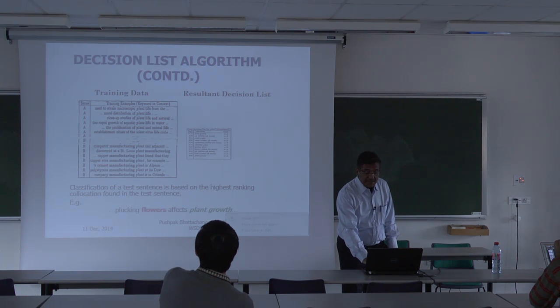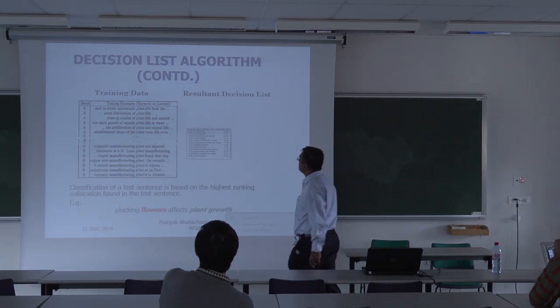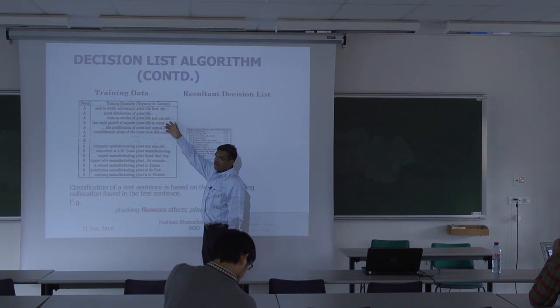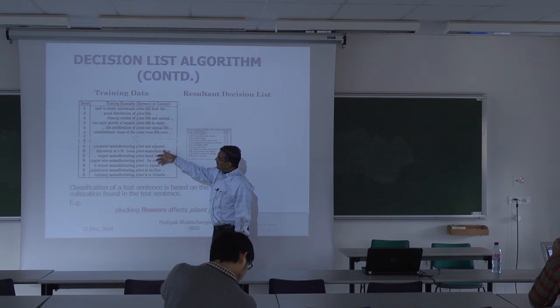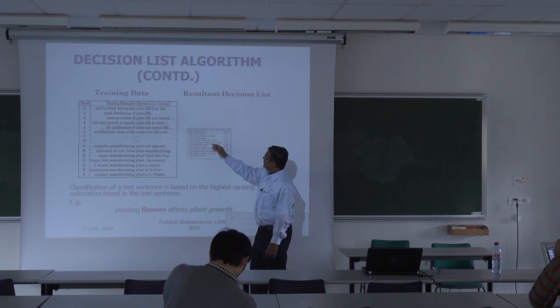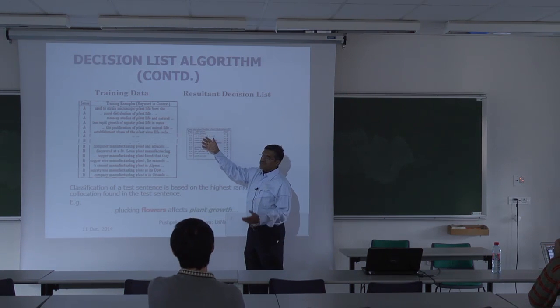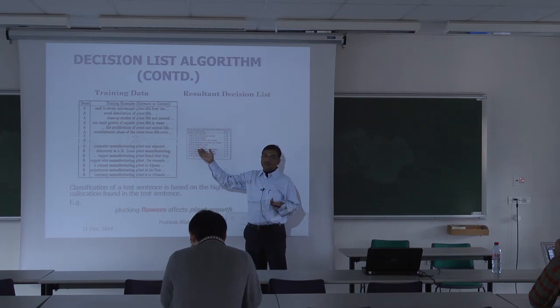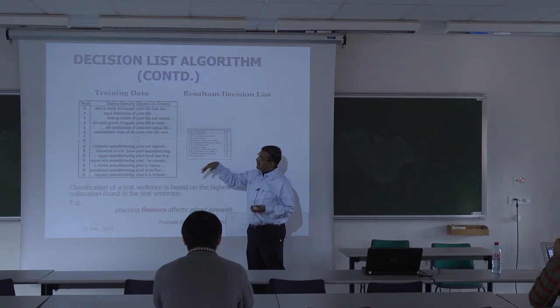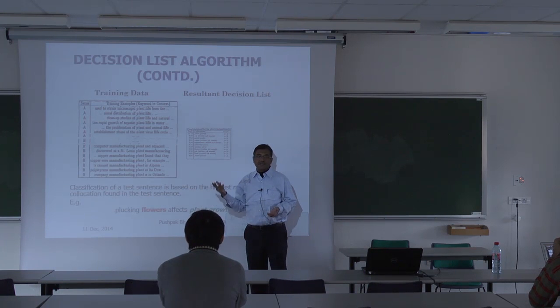This is also based on sense marked corpus. Here is an example. The word plant can mean plant from botany, or plant can be a manufacturing plant. So, we capture word associations from the training corpus, and the clue words are used together to create a decision list.